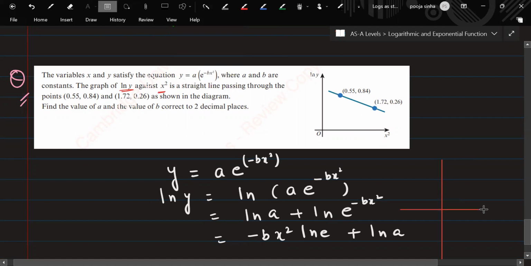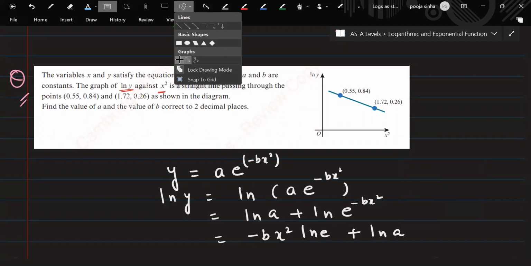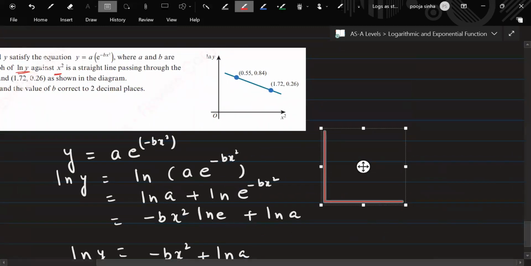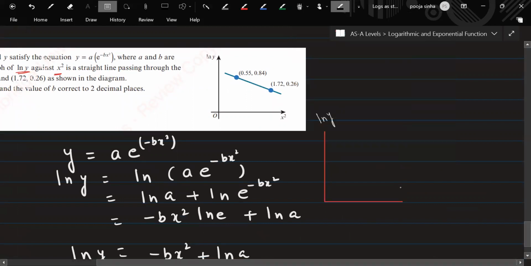They always give x and y in the question, or it will be t instead of x, or some variable which is going to be a variable, not a constant. So here it is clearly telling you that the graph is between ln y and x square, and it's given to you. See, it is given here in the question as well. Can you see it? So this is how your graph looks.